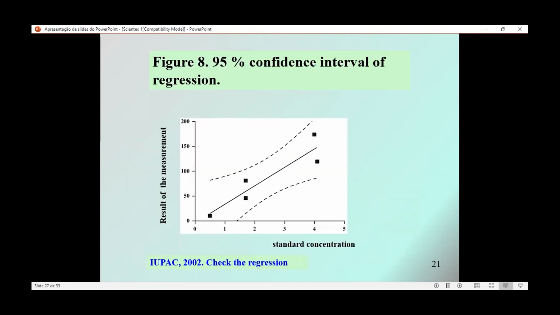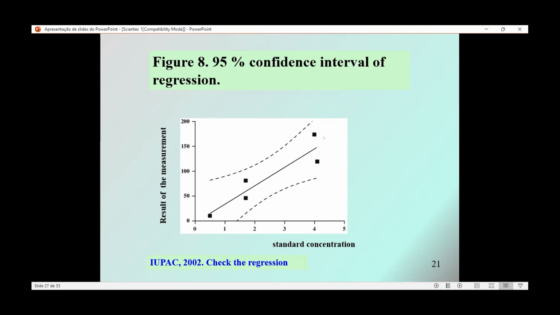If you see figure 8, figure 8 shows the 95% confidence interval of regression. For instance, chromatographic measurements have a calibration curve that uses regression techniques, but the regression confidence interval is not constant. We can see that this interval is not made by two parallel lines.